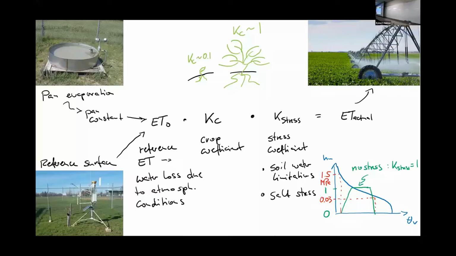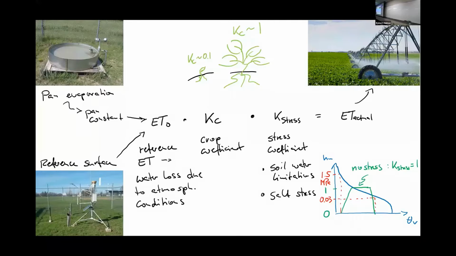That kind of data is published by a variety of outfits. Here in the Pacific Northwest, it's AgriMet. They operate a whole bunch of weather stations and publish reference surface ET0 values. They also allow you access to crop coefficients and stress coefficients.